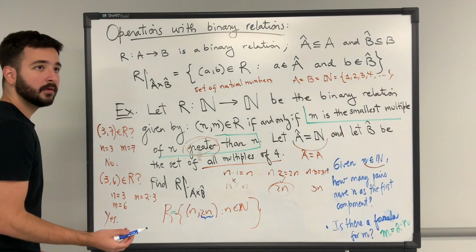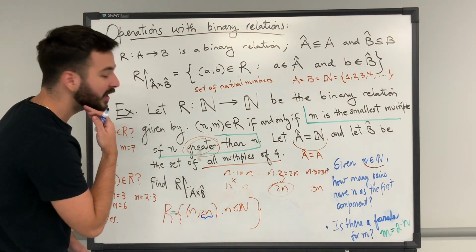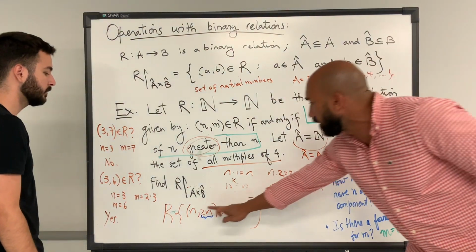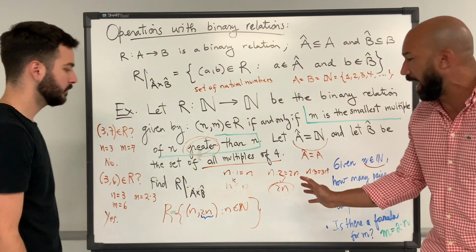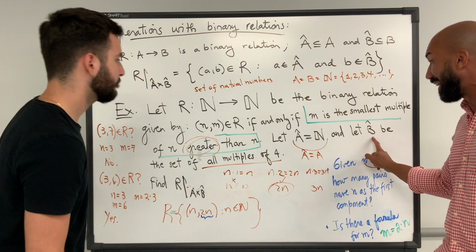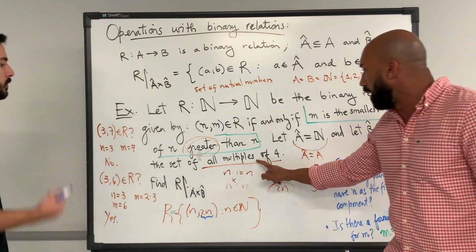And what about the first component? The first component is any natural number, because A hat is the set of natural numbers. This means that we don't have any problem with any first component. The first component can be any natural number, but the second component has to be a multiple of 4.